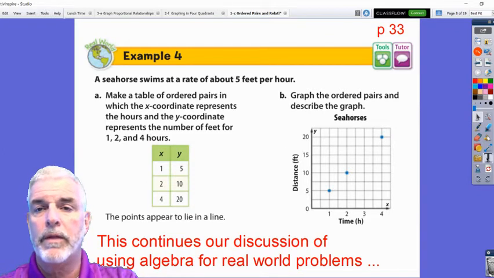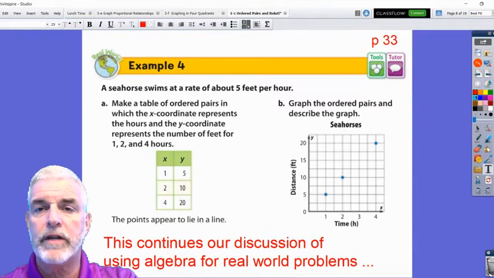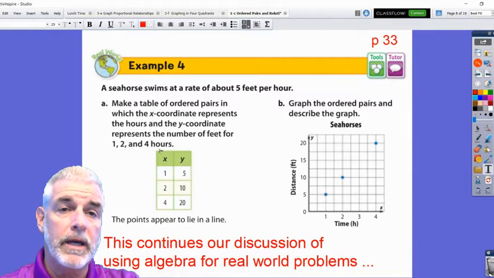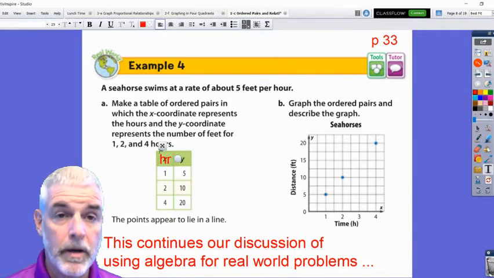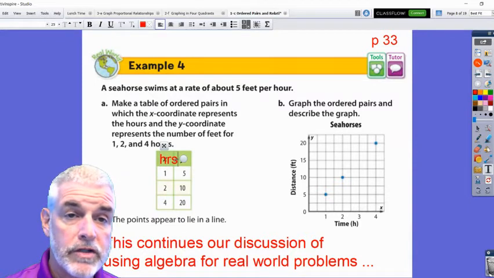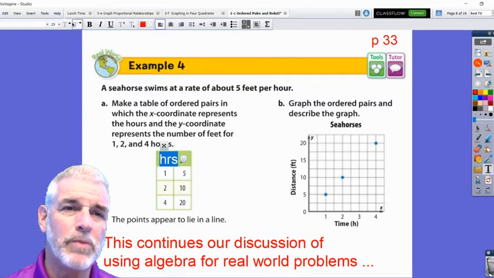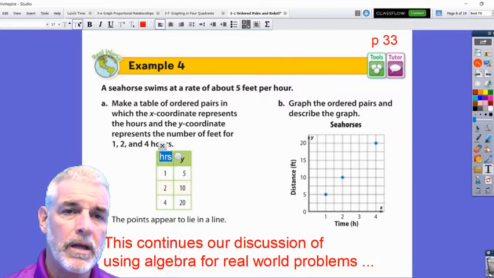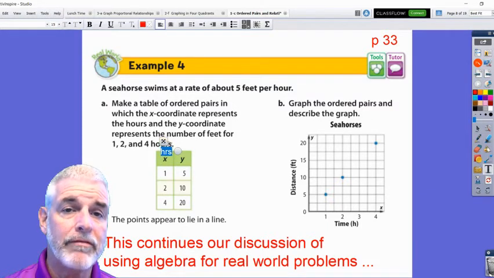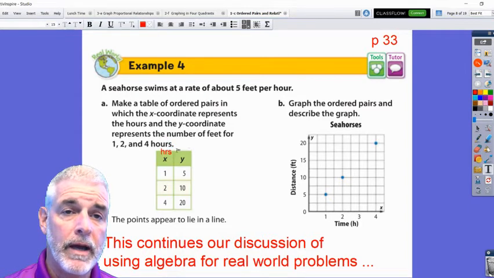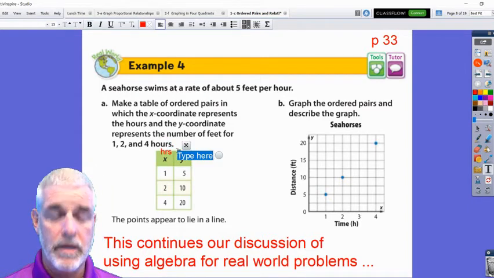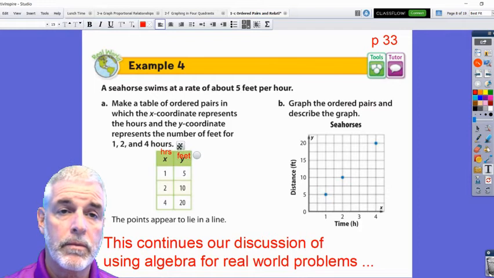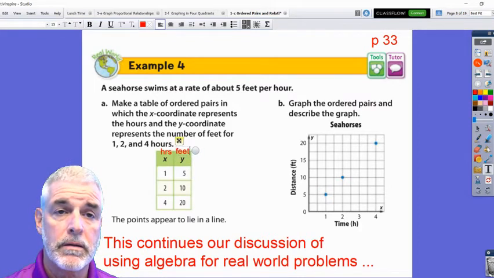Now, one thing I don't like here, which I haven't fixed yet, is that this should say up here hours, not just X. It kind of defines what X is in the words, but if you're going to make a table, it's good to label it just like you label a graph. X is hours and Y is the feet. It's better to label these things.